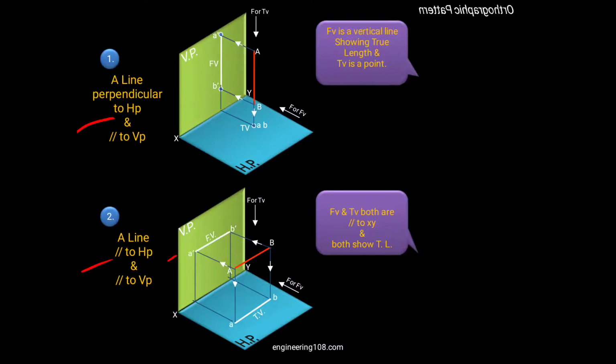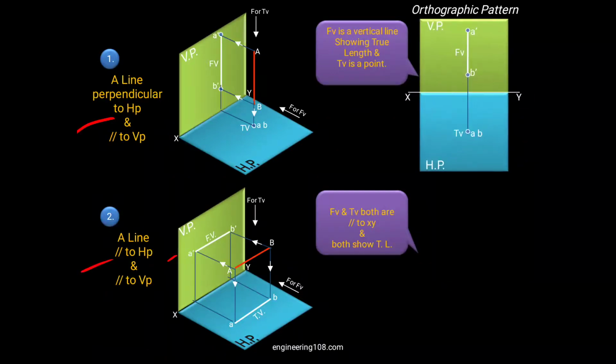Now the orthographic pattern. Here is the orthographic pattern we have to observe. This is a three-dimensional pattern. For the first case, here the HP is rotated. The same case is given here, that is A, B and B and A. Which plane is rotated? The HP plane is rotated at 90 degrees.